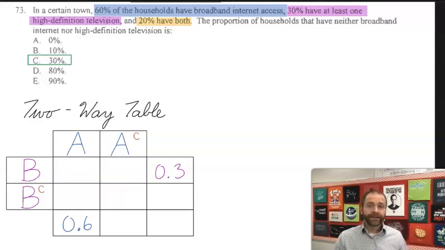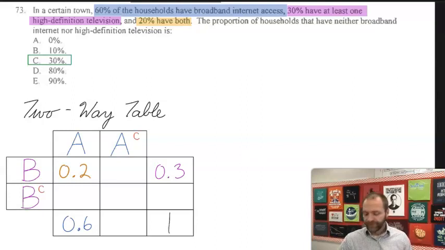Now we can fill everything else in. I'm told that both, meaning A and B, where they intersect, is 20%, so that's 0.2.